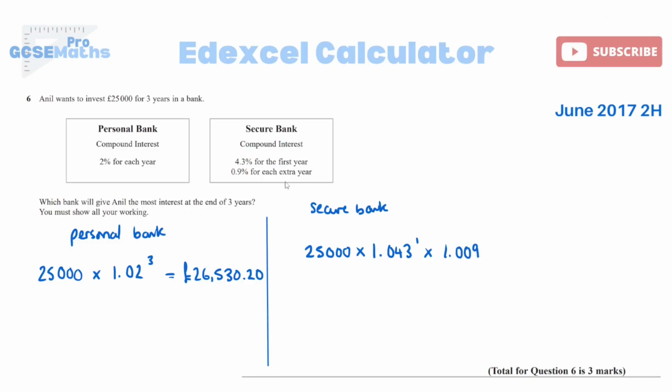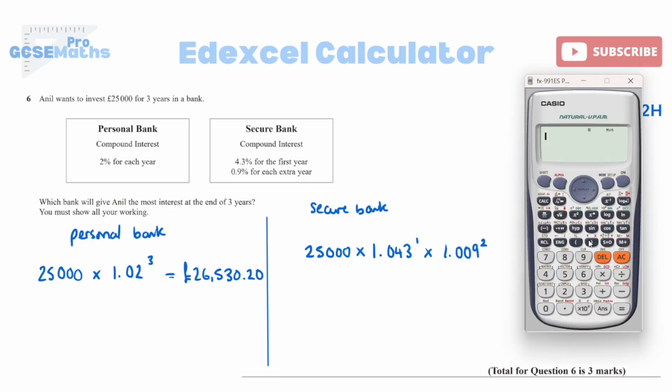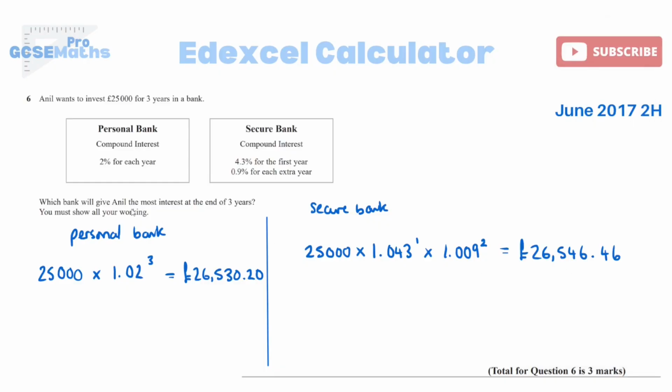And then that is for the rest of the time. So we've already got 1 year, so that means there's 2 years left. So you can just type that all in into one calculation, or do it separately if you like. And for that one, we get £26,546.46.